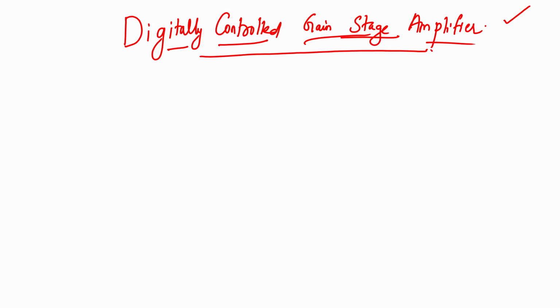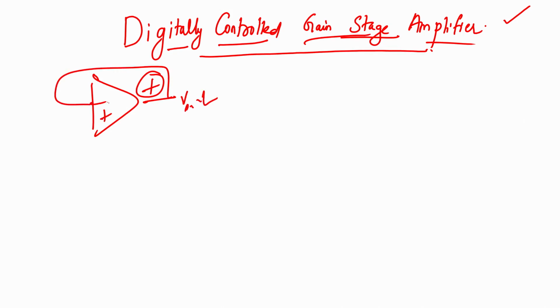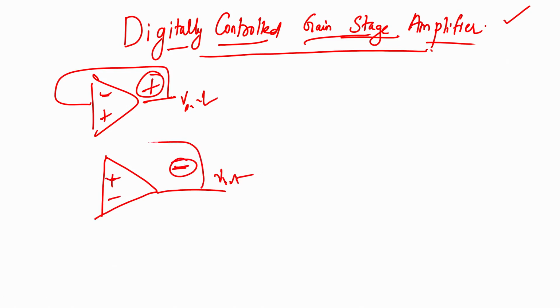You can connect a fraction of the positive voltage of your output to your negative terminal, or you can connect a negative portion of your output voltage to your positive terminal, that is also negative feedback, correct. These are the two ways you can do it.